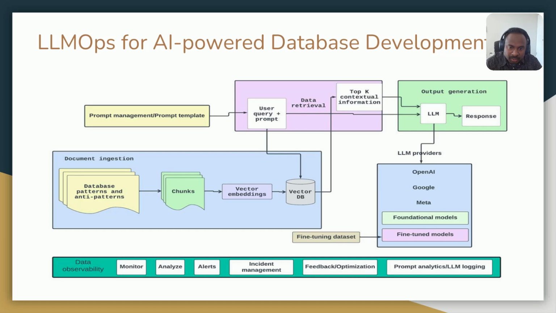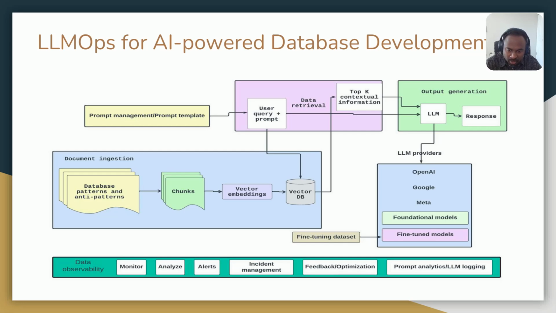Another key step followed by different organizations is LLM ops, because there are a lot of moving parts and each needs to be maintained. For example, the data observability component comes into the picture.